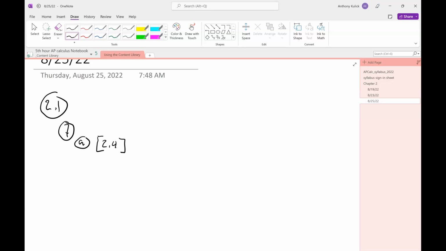So from my table, I'm going to pull the displacement for 4, which in my book says 17.7, and the displacement for 1, which is 5.1, and divide it by the difference in the times. Basically, we're just calculating the slope. And whatever that comes out to be is the answer.